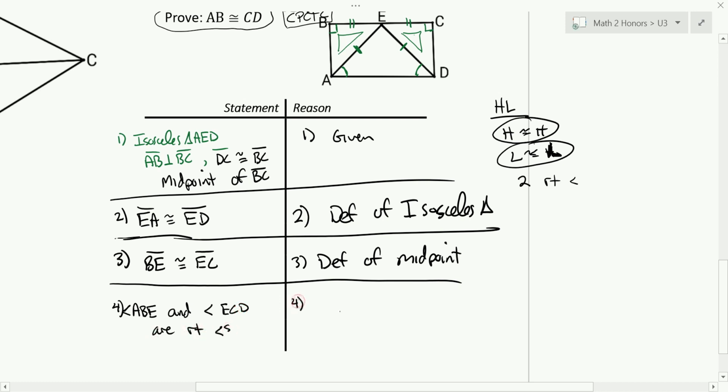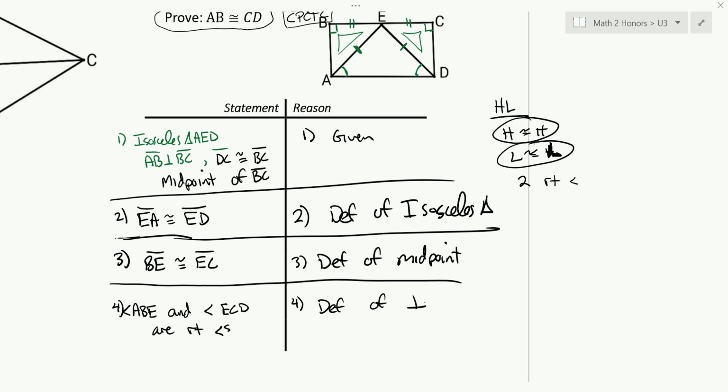Do you remember, or do you have an idea why? Definition of perpendicular. Good job. And from there we could say that they're congruent to each other, and the reason would be all right angles are congruent, but we don't need that. Because for hypotenuse leg, if you just get this far, that's enough.